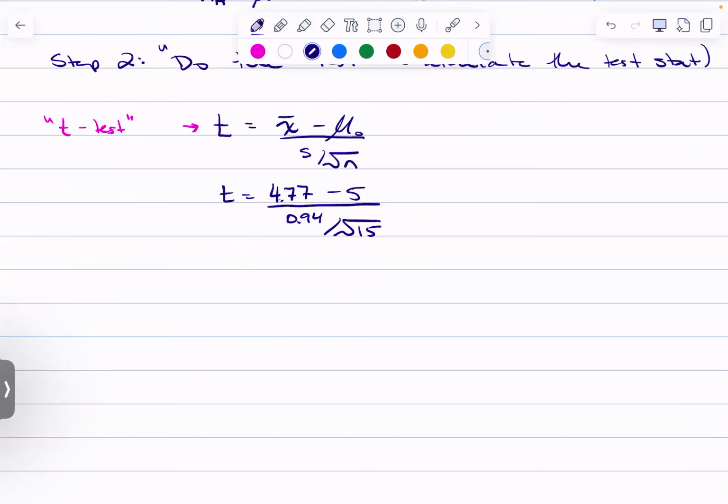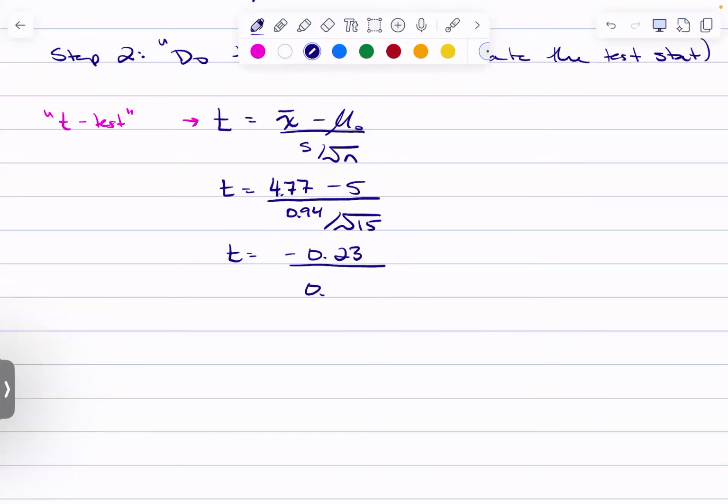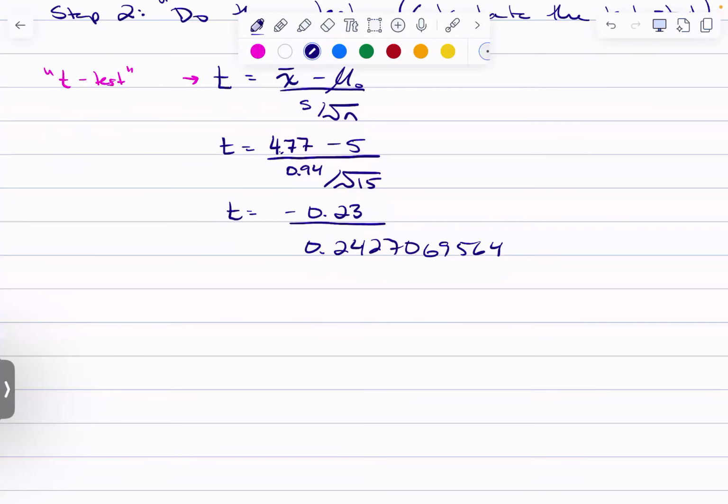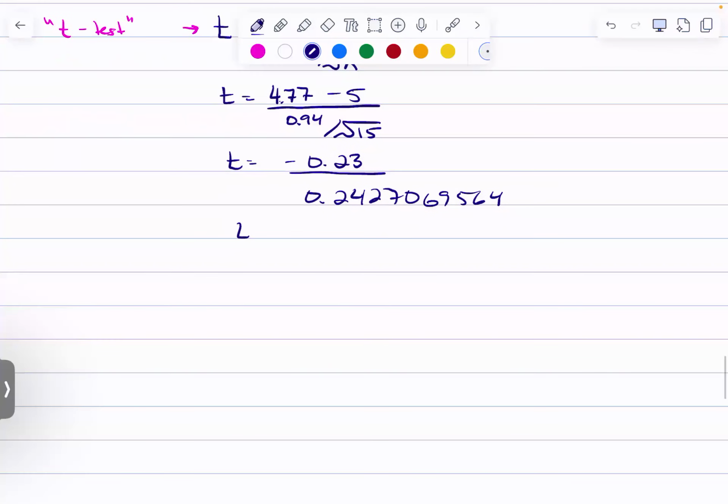We'll do these on the sly here. 4.77 minus 5. I'll show some work just in case. Negative 0.23 divided by 0.94 divided by the square root of 15. That gives 0.2427069564. Negative 0.23 divided by that, I get a T of negative 0.9476448613.